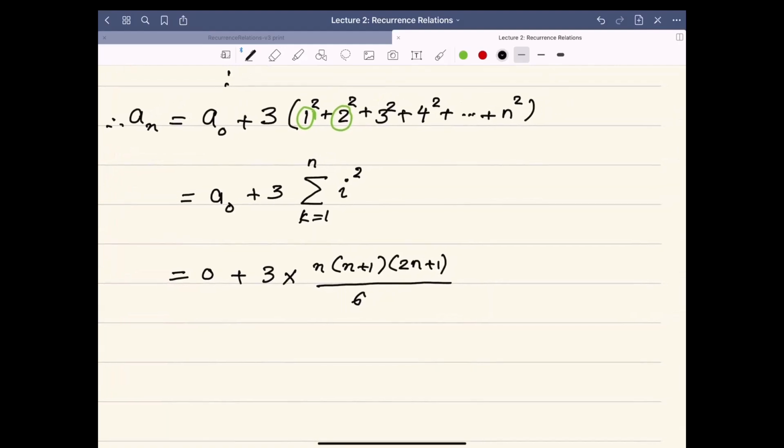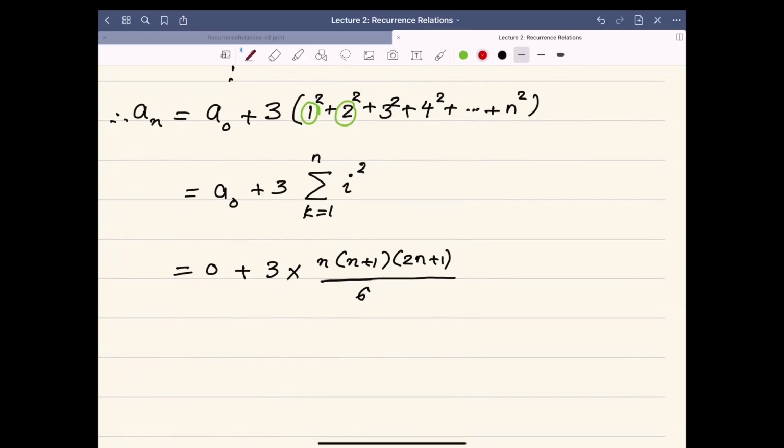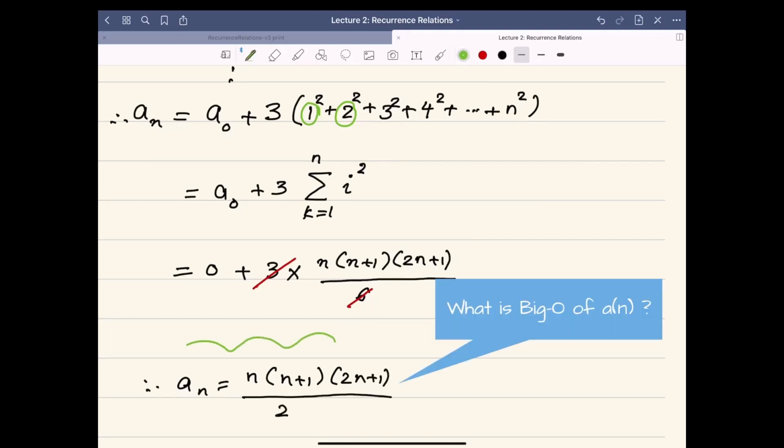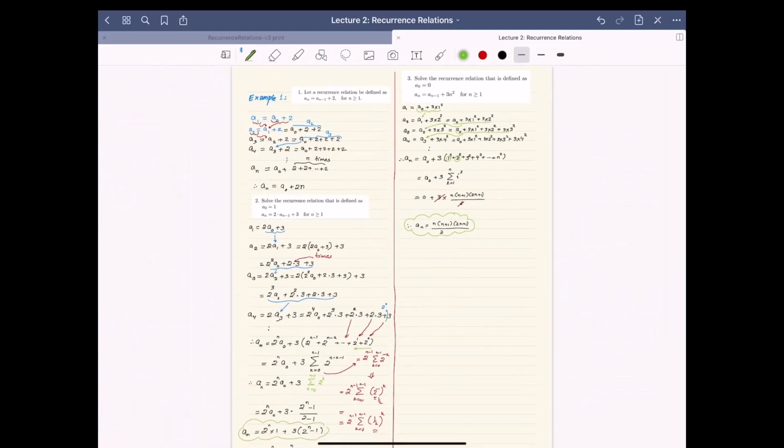So we can divide both sides by 3, and the equation that we will have for a_n is n times n plus 1 times 2n plus 1, over 2. And this is the final answer for our recurrence relation.